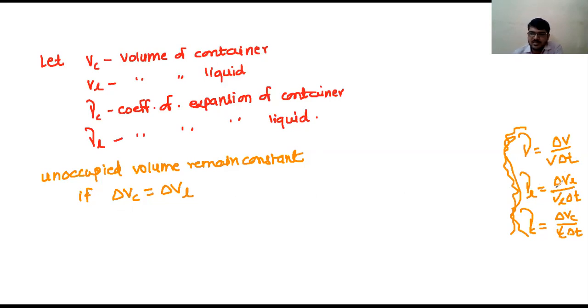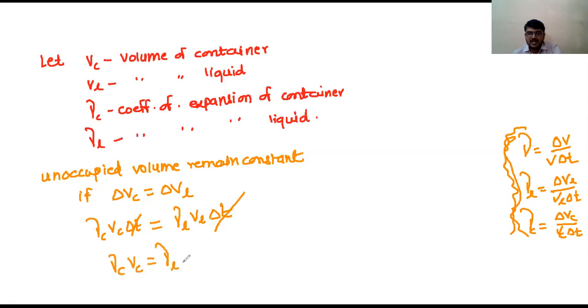Got it? Any doubt till here? So from this formula I have created these two formulas. Already we have learned this: gamma is equal to change in volume by original volume into change in temperature, here for liquid and this is for container. So let's substitute. We are getting delta Vc as gamma c into Vc into delta T, and delta Vl as gamma l into Vl into delta T. Now this delta T and this delta T will cancel. Then we get gamma c Vc is equal to gamma l Vl.